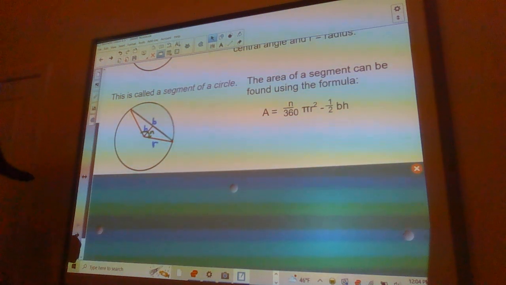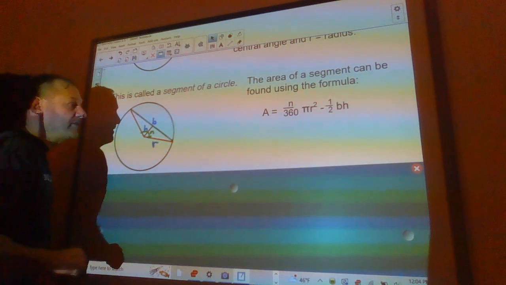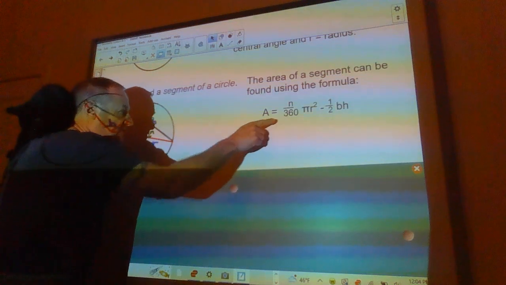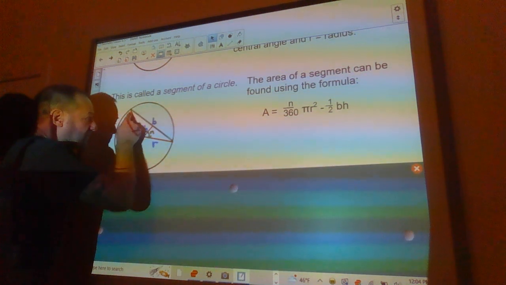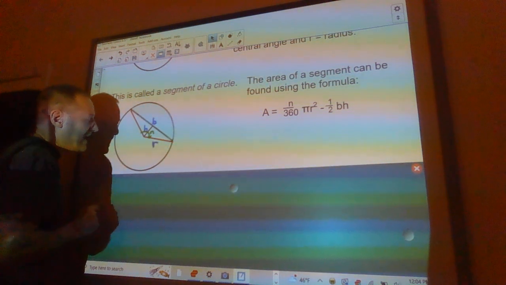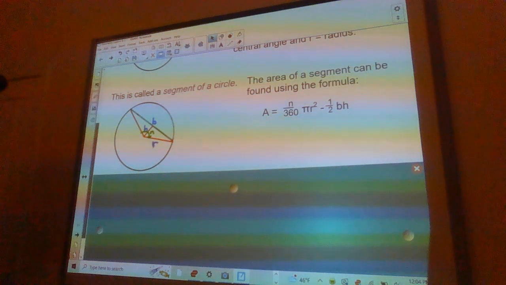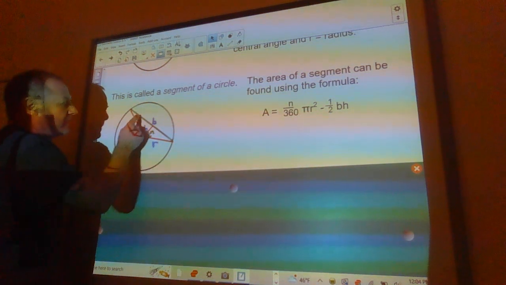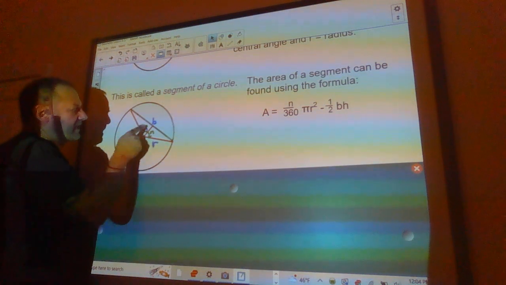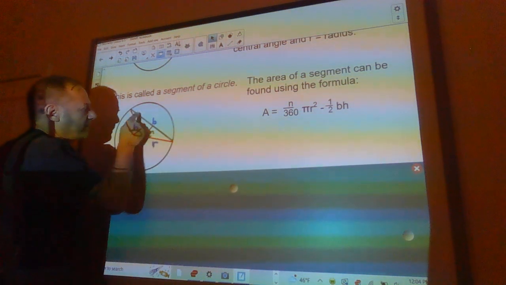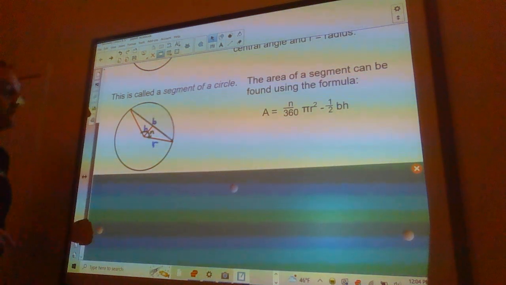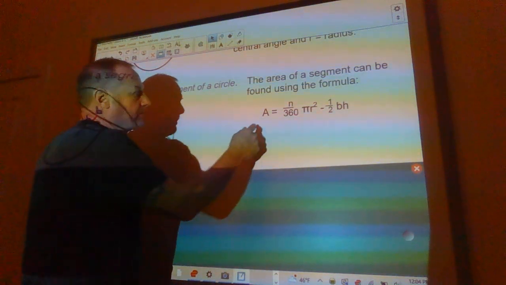So essentially, for the formula, you find the area of the circle, that's pi r squared. You take N out of 360, that gives you the sector. And then you need to cut off the triangle. So we're going to use half the base times the height, where the chord here is the base and this is the height. So we come up with a formula for that.